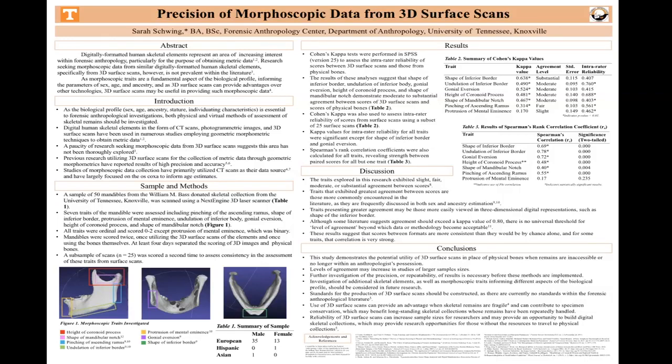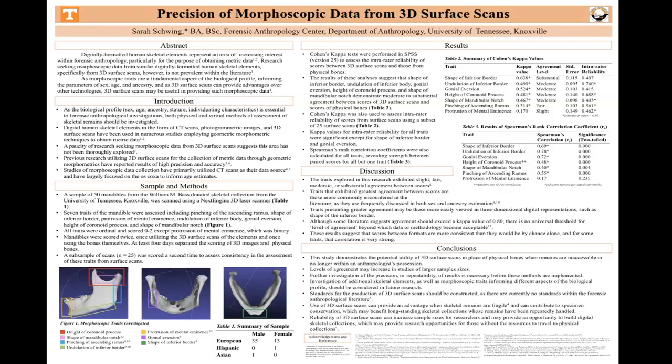Shape of the inferior border actually showed the greatest agreement, indicating substantial agreement with a kappa value of 0.638. It was really interesting to see this variation, that some traits showed significant agreement and some next to no agreement, basically.